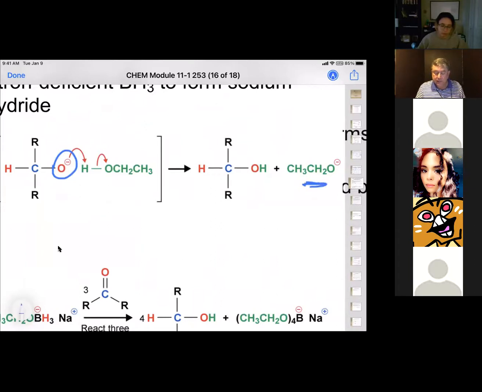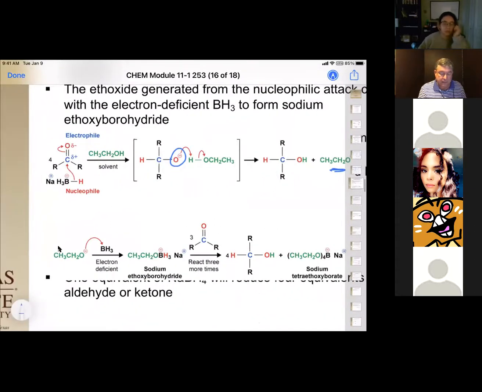This alkoxide then actually helps stabilize the reagent here. Now, notice that when we lose one of these hydrogens, we now have BH3, which is a neutral molecule. The alkoxide actually attacks that neutral molecule to generate a new salt. Now it has 3 more hydrogens that it can transfer. And so it can react 3 more times to transfer all 3 of those hydrogens.